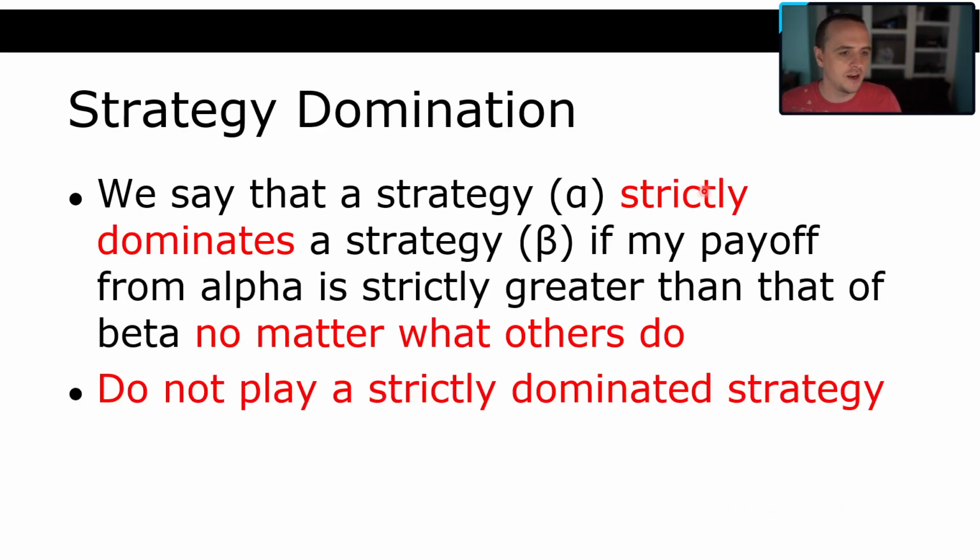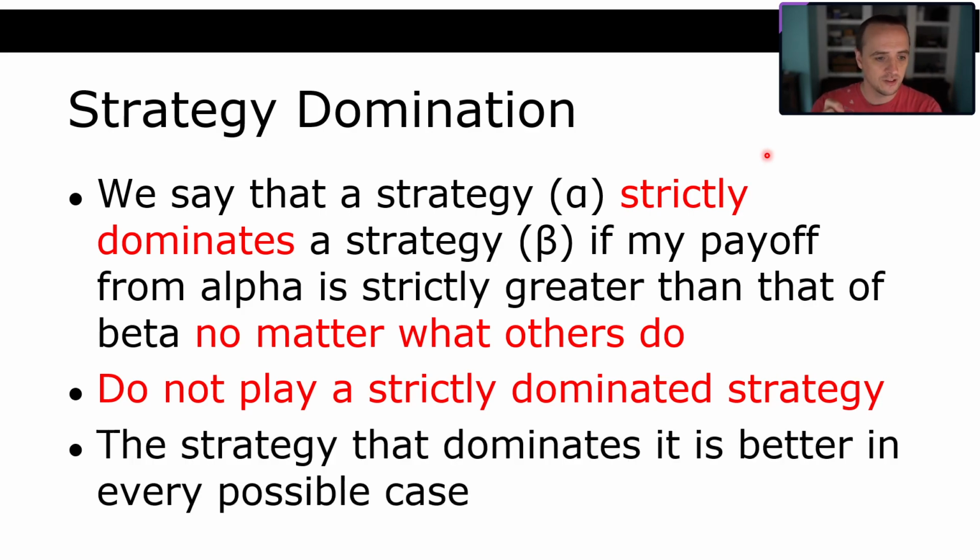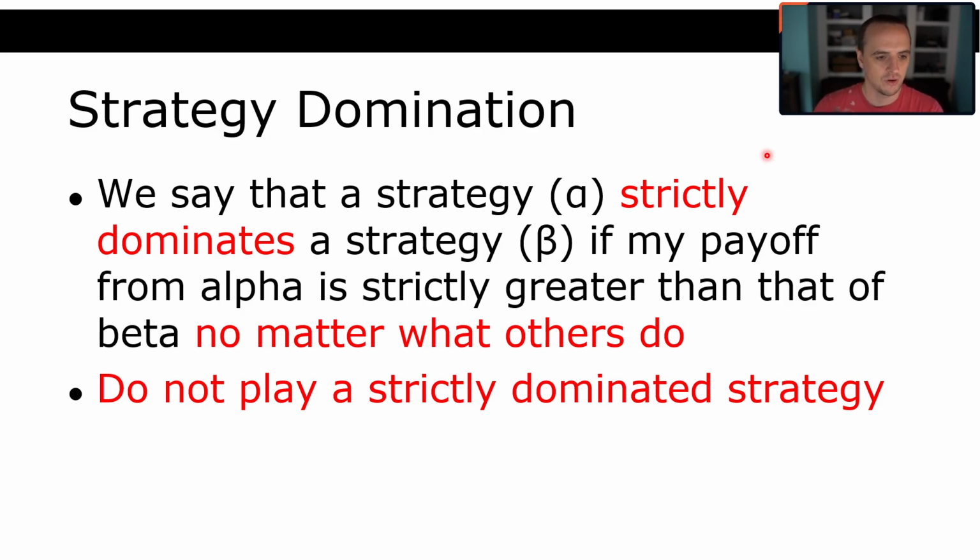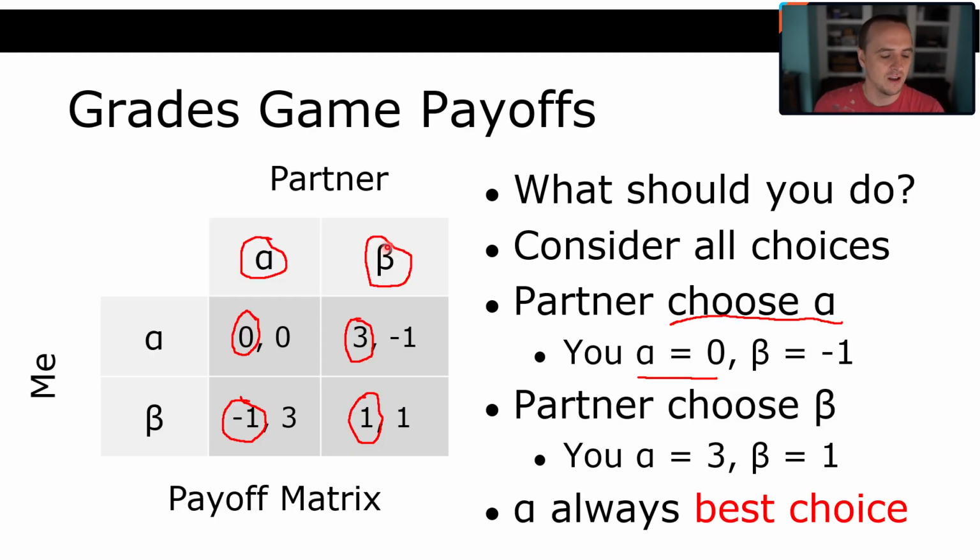So the rule here is do not play a strictly dominated strategy, because the strategy that dominates it is better in every possible case, okay? So if you see here that alpha always performs better than beta, the rule is never play beta, because there's no point to. You'll always do better from playing alpha.